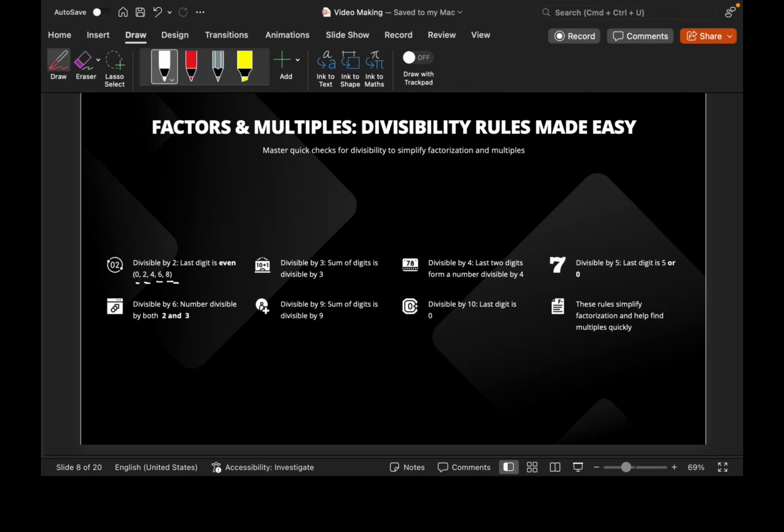Number 6 is one of the more complicated ones. It states that if both 2 and 3 can divide the number, then 6 can also divide the number. Let's take an example of 432. We know that 2 can divide it because the last digit is even, so 2 is ticked.